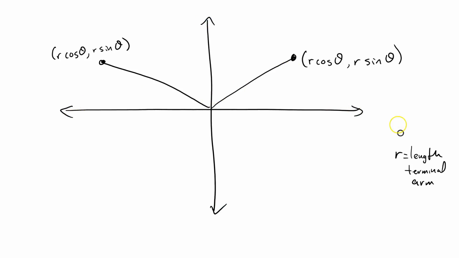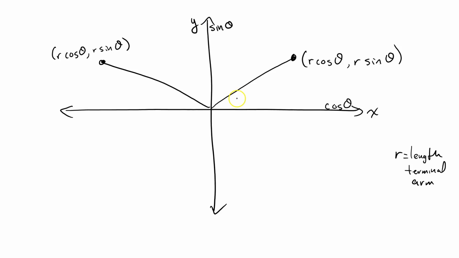Now, this should tell you that your x values give you your cos, and your sine values give you your y. So on the horizontal we have cos, on the vertical we have sine, which is our y.